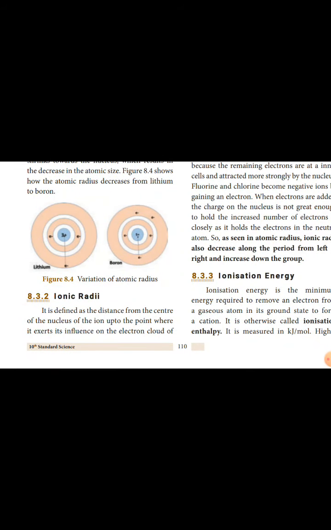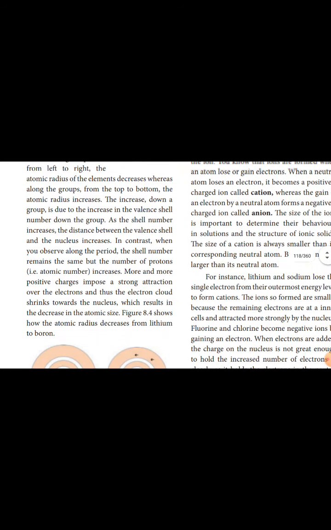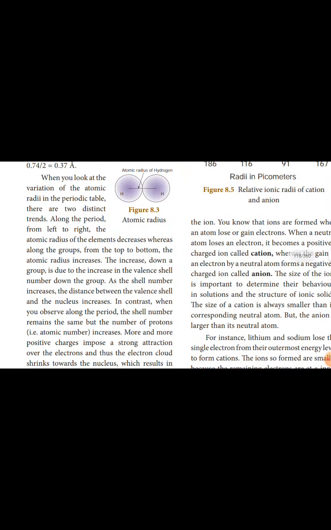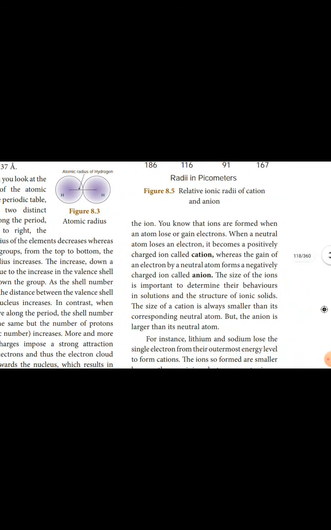Next one, ionic radii. How will you define ionic radii? It is defined as the distance from the center of the nucleus of the ion up to the point where it exerts its influence on the electron cloud of the ion. There are two types of ions that you have already learned, cations and anions.